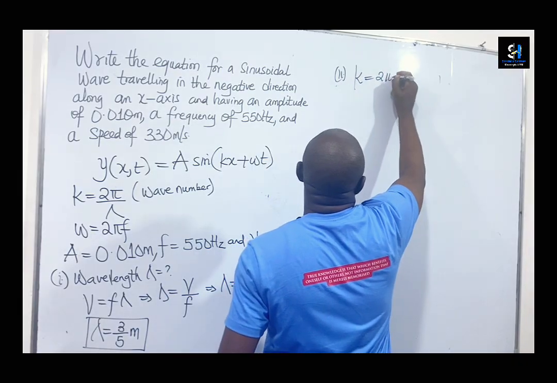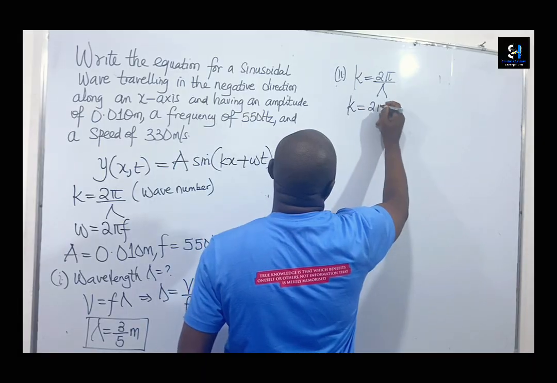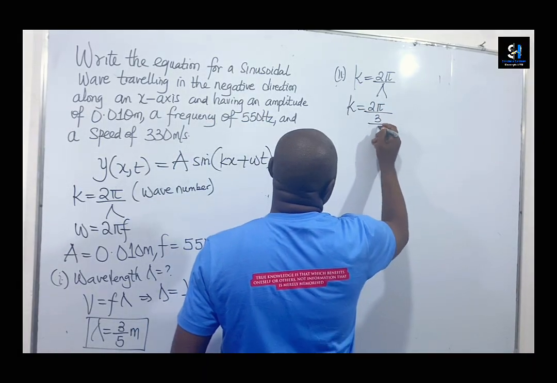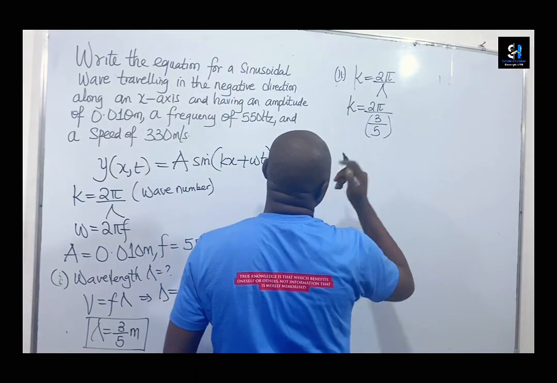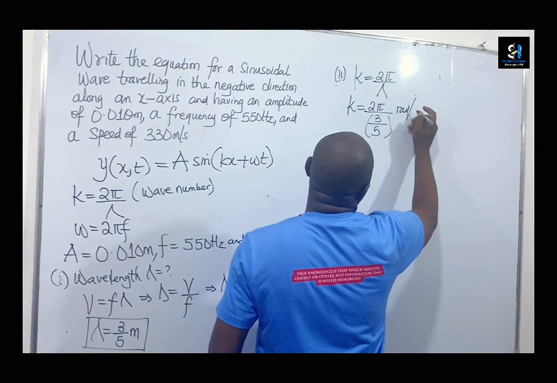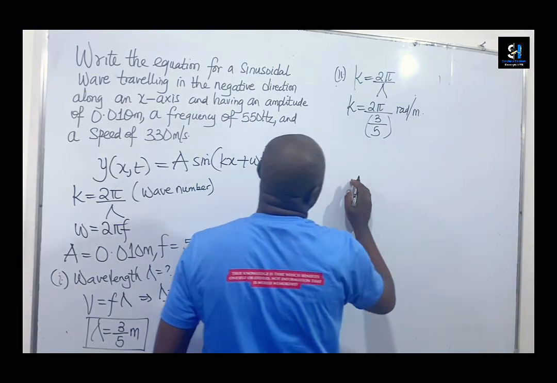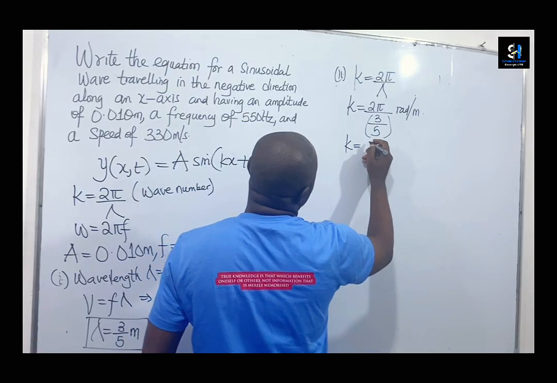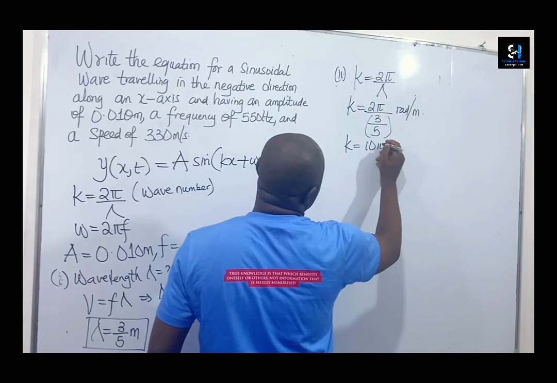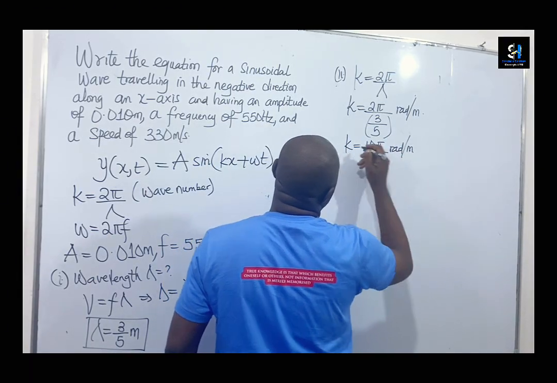We have k equals 2 pi over lambda, so k equals 2 pi over 3/5. Let's not forget that the unit is radians per meter, the number of waves per meter. When the 5 comes up, it becomes 5 times 2, that's 10. So we have k equals 10 pi over 3 radians per meter.